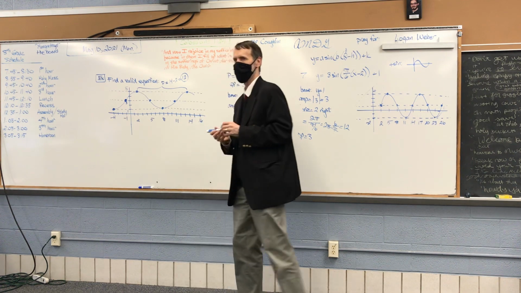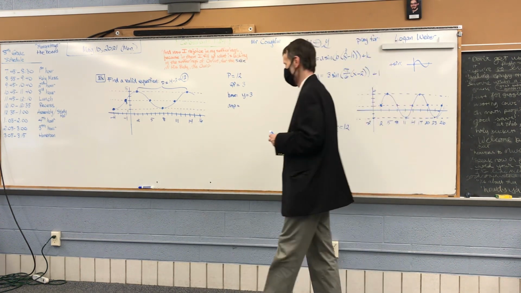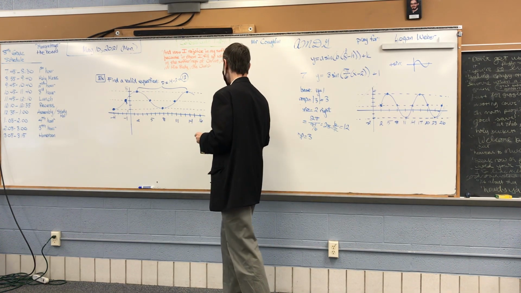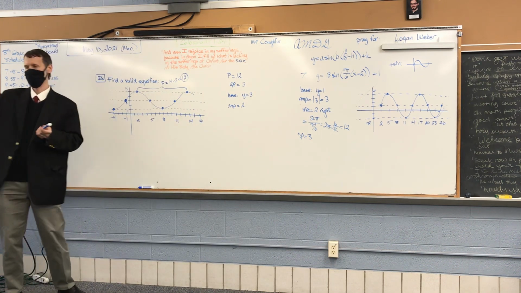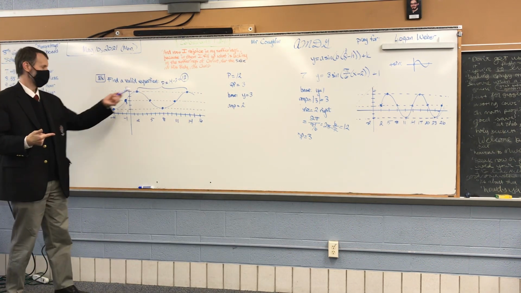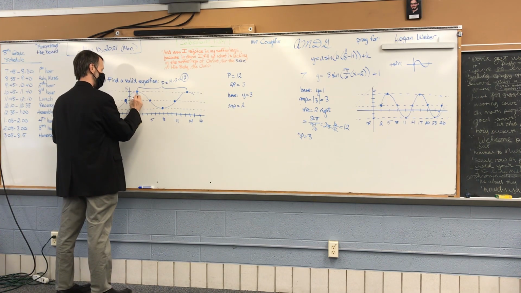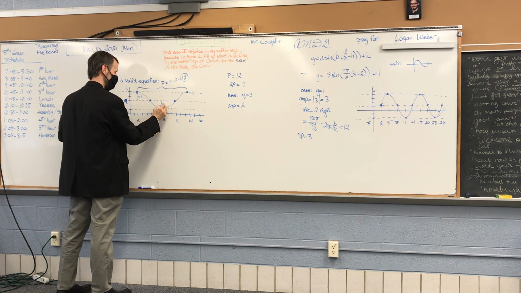Can anybody just looking at the graph tell me the amplitude? No. 2. Yeah, how do you get that? I just think from baseline to the highest point. Right. From the baseline to the highest point, or if you wanted, from the baseline to the lowest point, to the minimum. Either way, it's fine. In other words, the amplitude is 2, or this way, the amplitude is 2.